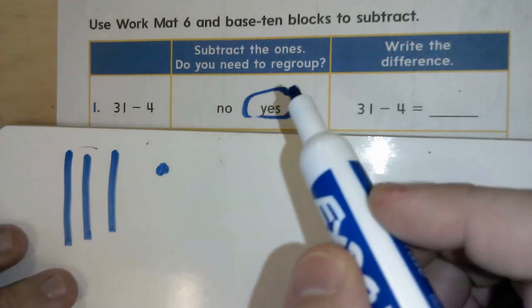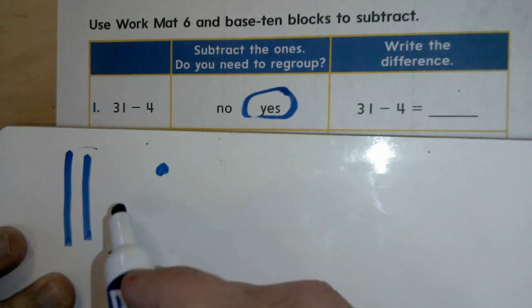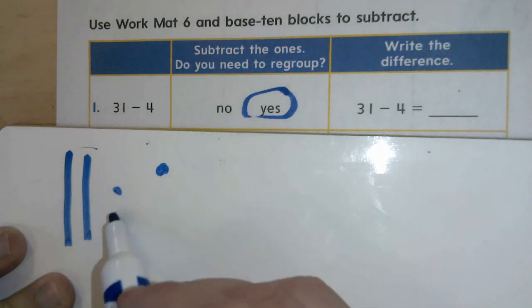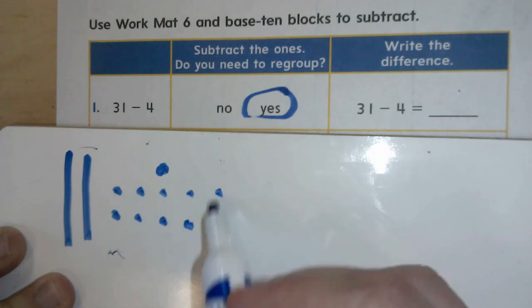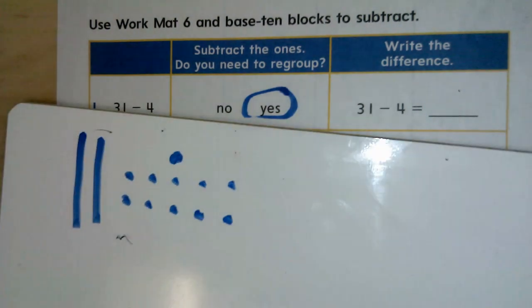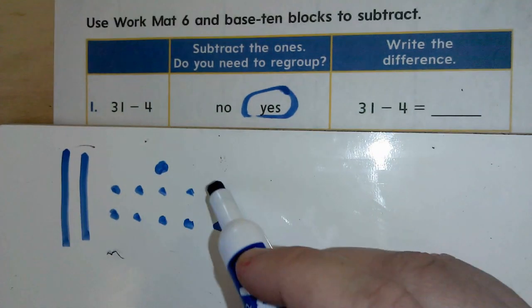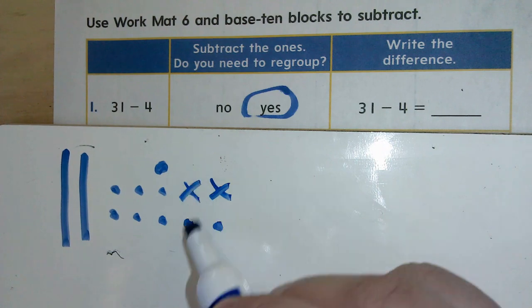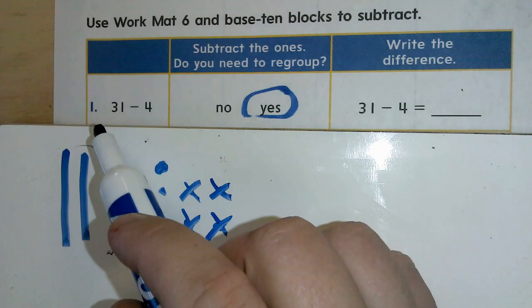Yes, I do. So what I'm going to do is I'm going to erase one of my 10s, and instead I'm going to draw 10 1s. 1, 2, 3, 4, 5, 6, 7, 8, 9, 10. There's my 10 1s. Now let's take away our 4. So I'm going to cross them off. 1, 2, 3, 4. I started with 31.